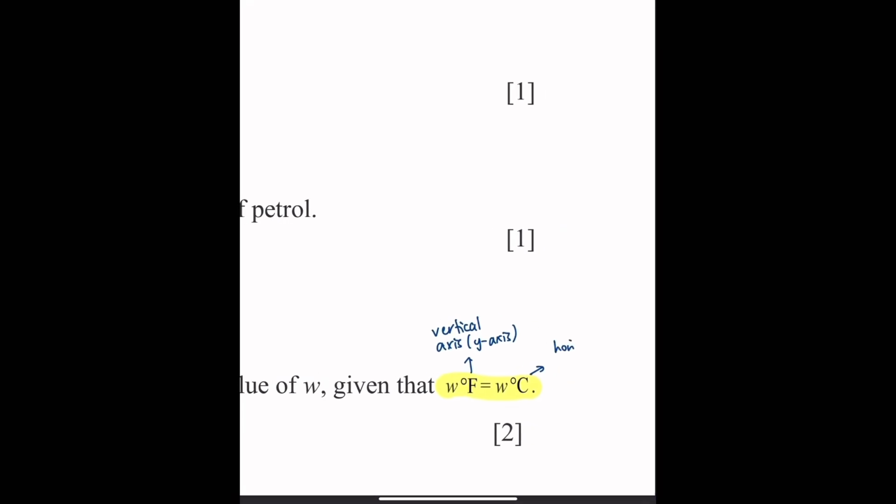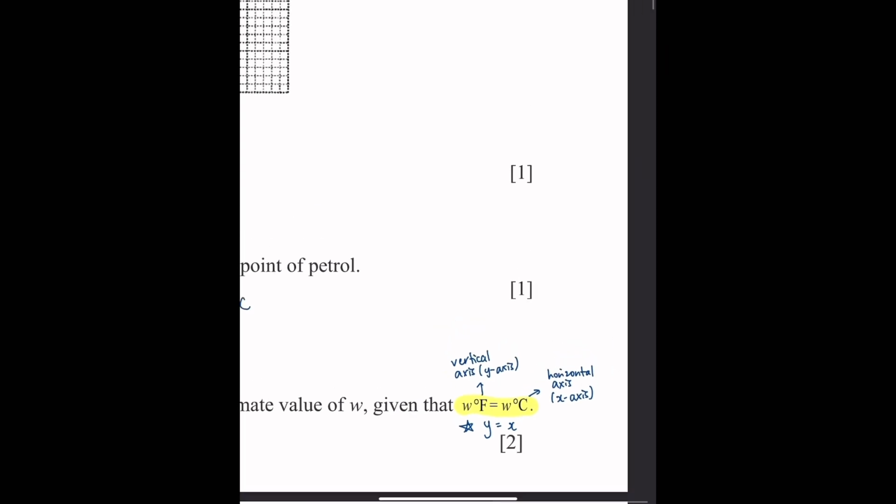Take note, Fahrenheit is represented on the vertical axis or the y-axis, while degrees Celsius is on the horizontal axis, or the x-axis. If I want degrees Fahrenheit to equal degrees Celsius, I have to draw the line y equals x.